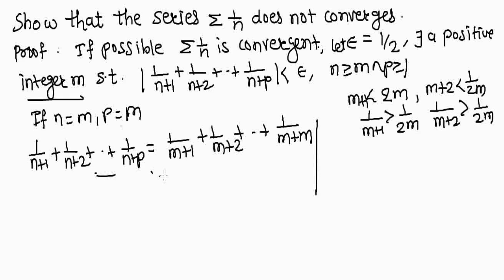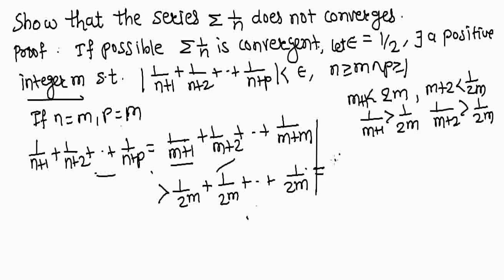Using this, we replace each term by 1 divided by 2m, plus 1 divided by 2m, and so on, m times. Everywhere we have replaced with the smaller terms, and hence this sum will be greater than the second sum. Now you can see that this is equal to m times 1 divided by 2m, and m gets cancelled.